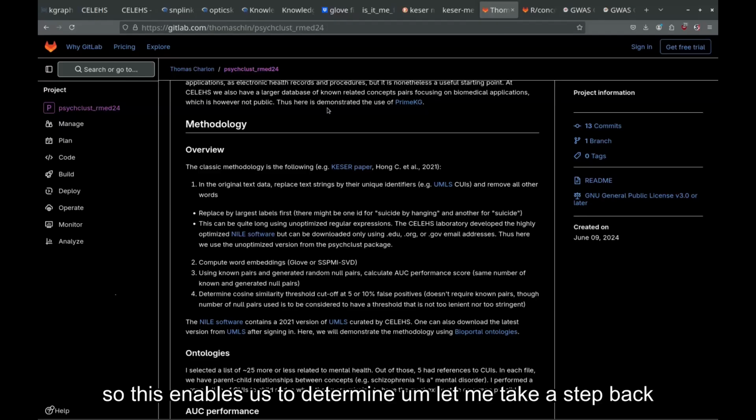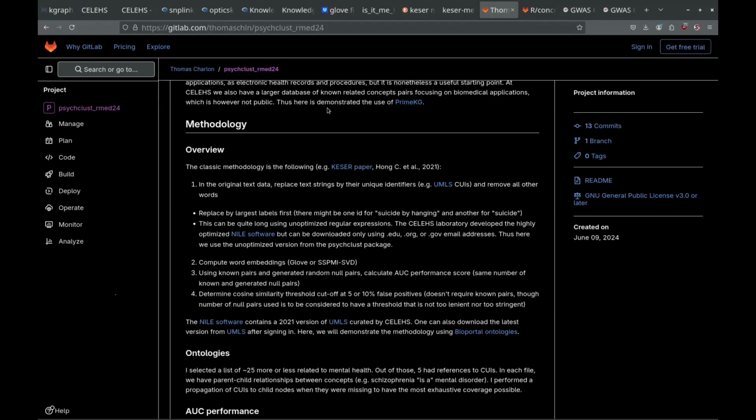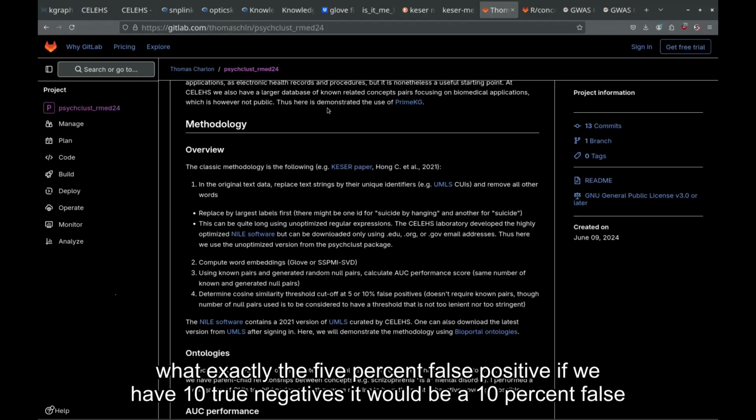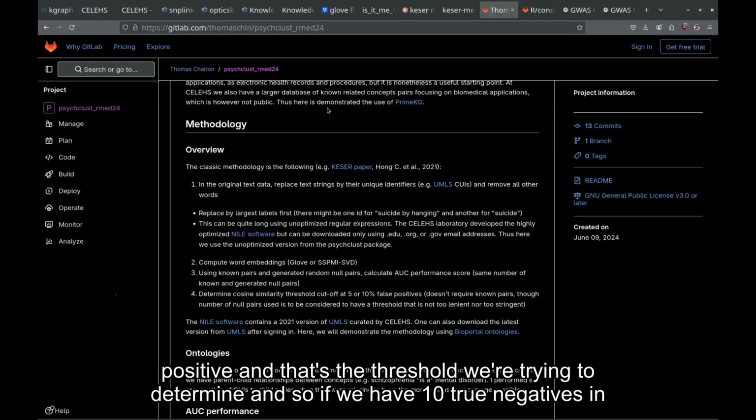So this enables us to determine, let me take a step back. Let's say that out of our 100, if we have 5 true negatives, then that is exactly a 5% false positive. If we have 10 true negatives, it would be a 10% false positive.